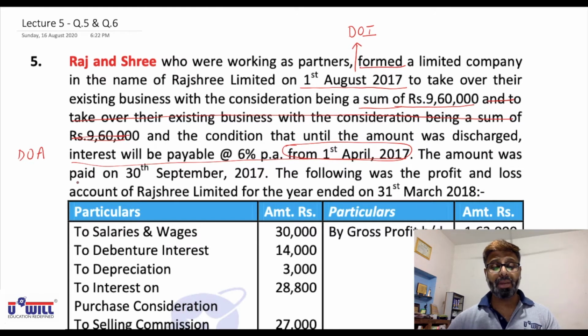The amount was paid on 30th September 2017.